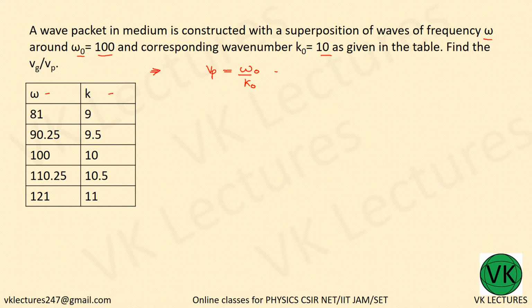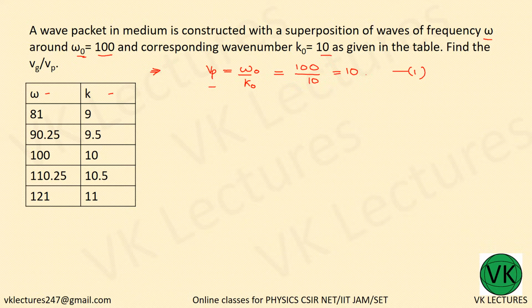Here you need not worry about anything because you can take either value. Omega naught is 100 and k naught is 10, so your Vp is 10. This is the first part of the question, finding the Vp.